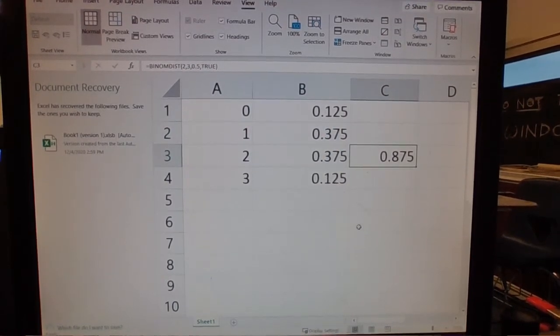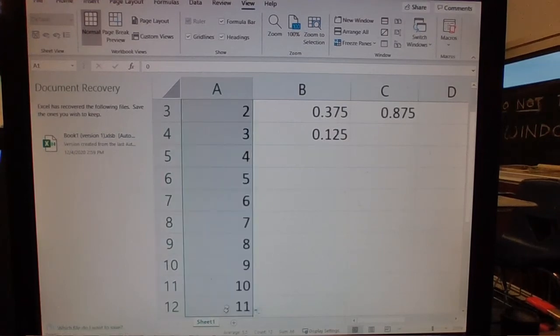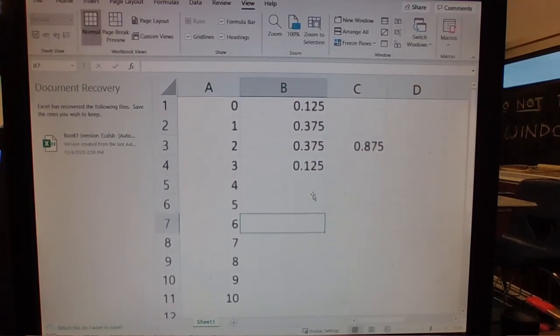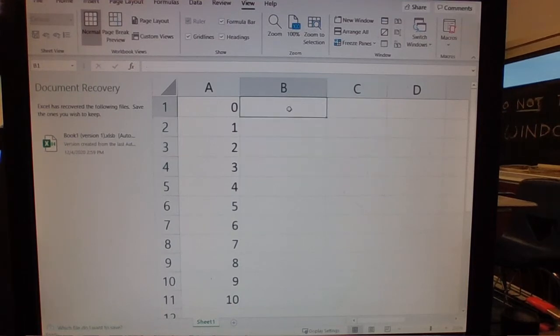Let's go back to the question that dealt with the quiz that we were taking, where we were guessing on that multiple choice quiz. There were 4 options for each question. So I'm going to hit equals binomial distribution.